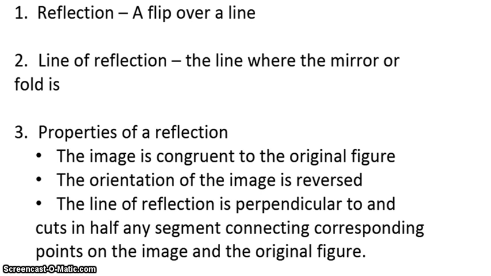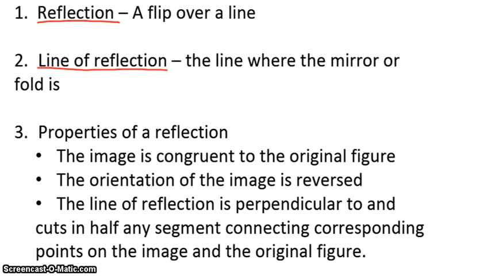A reflection is a flip over a line. The line of reflection is the line where the mirror or fold is. Think about the line of symmetry and how we reflect points over that line in order to graph more points on our parabola.